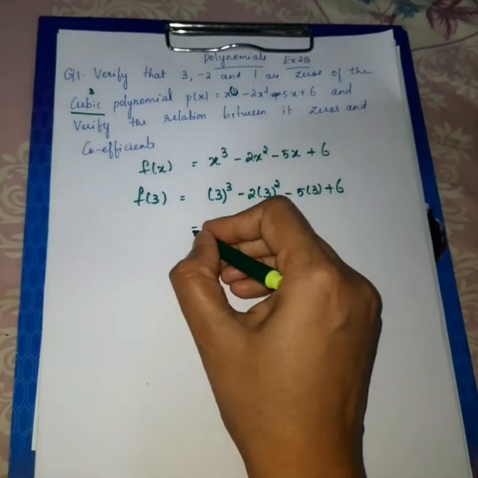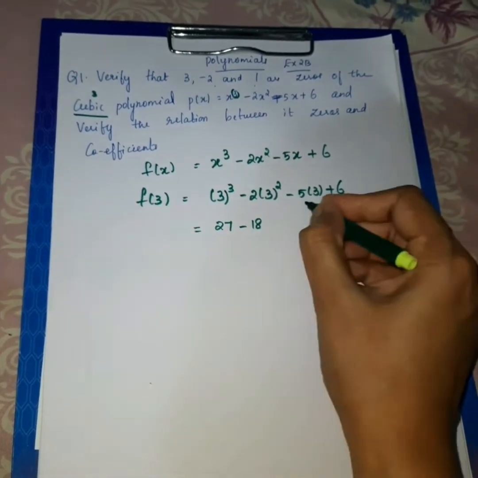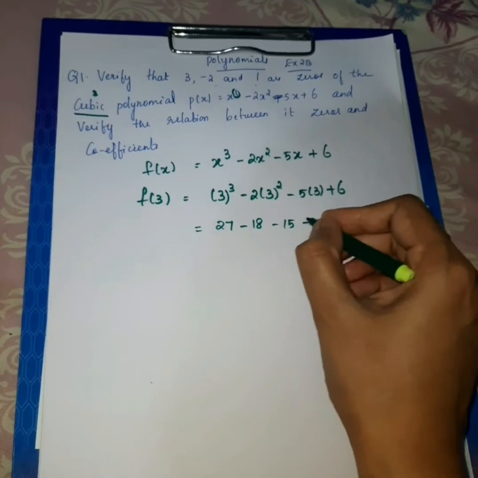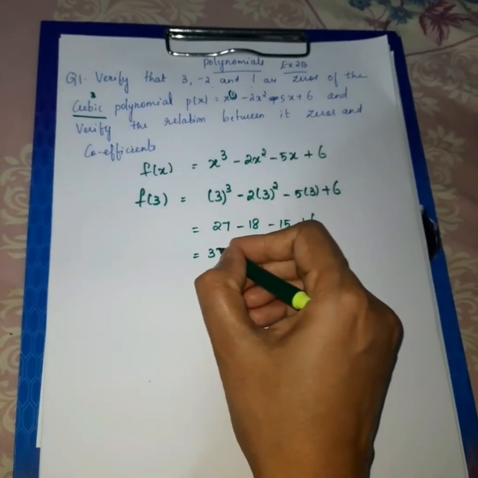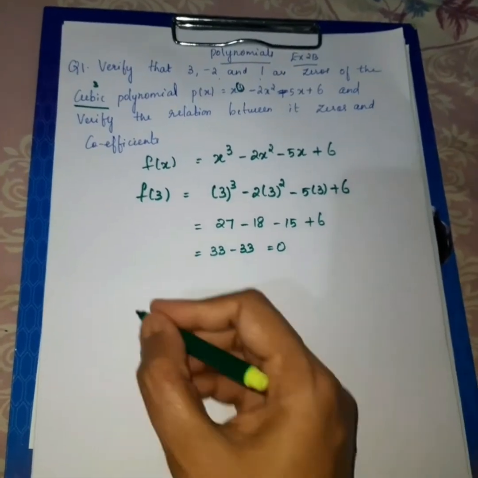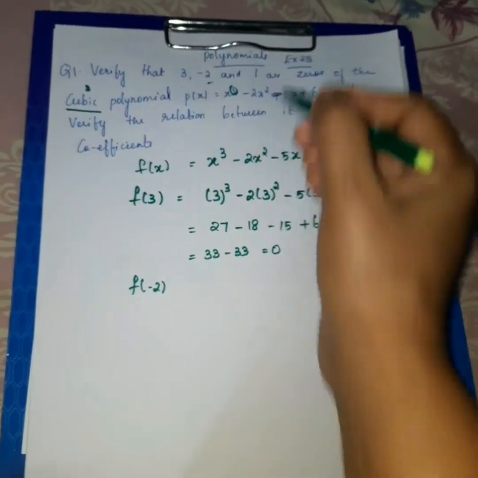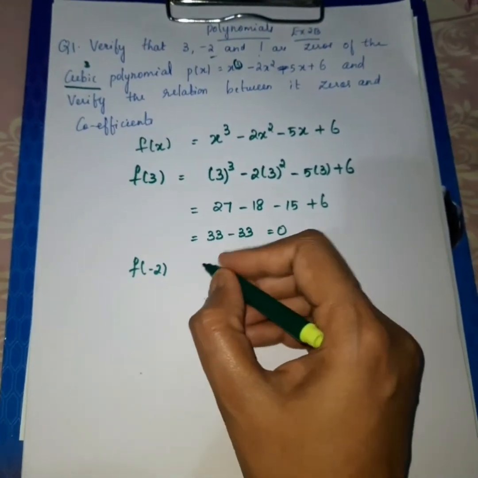So 3 cube is 27, 2 into 9 is 18, minus 15 plus 6, this is 0. So that's verified.